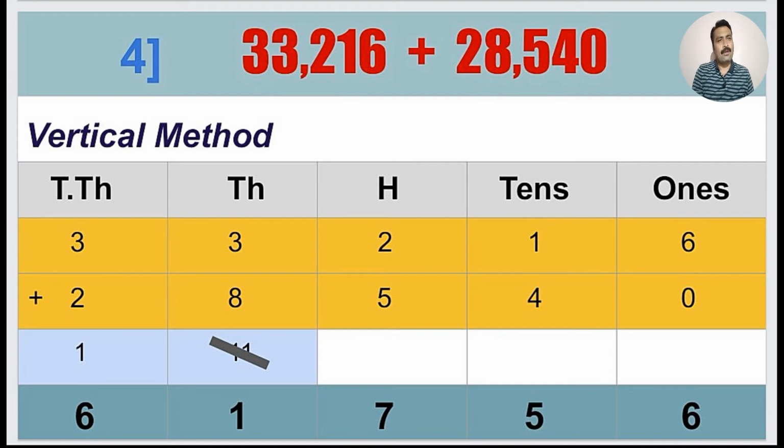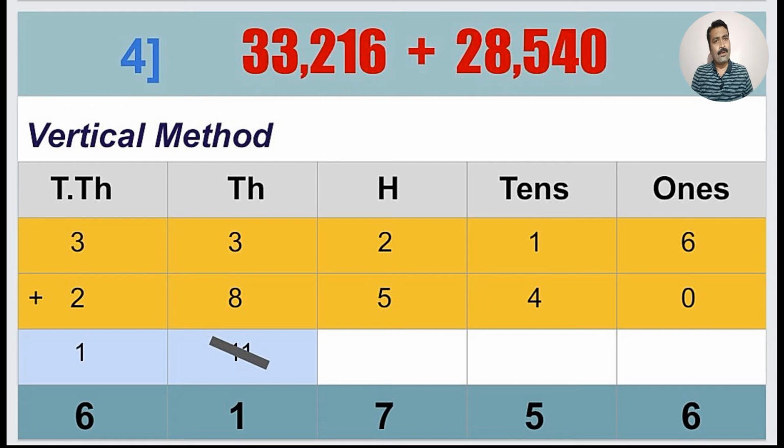After observing the given two numbers, again in this fourth example, both numbers are 5 digits each. That means again both numbers are of the same kind.